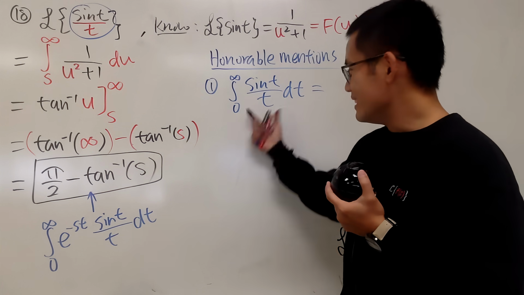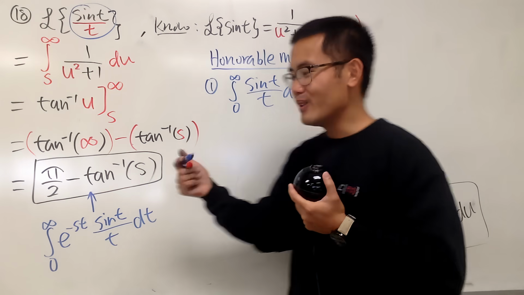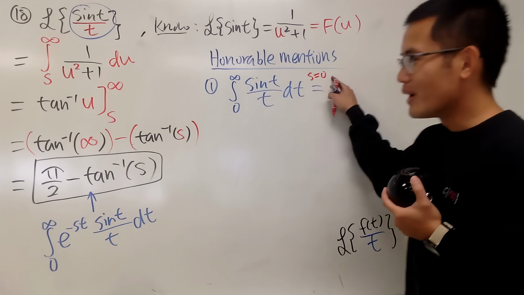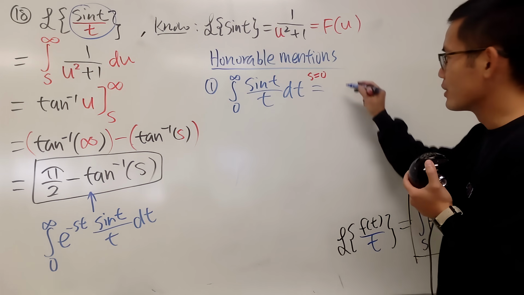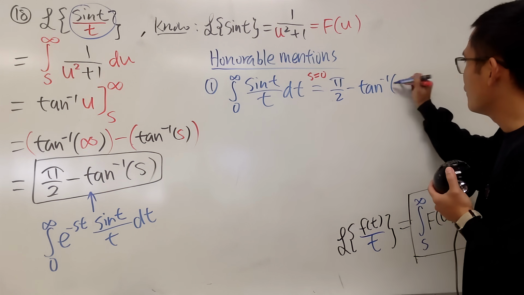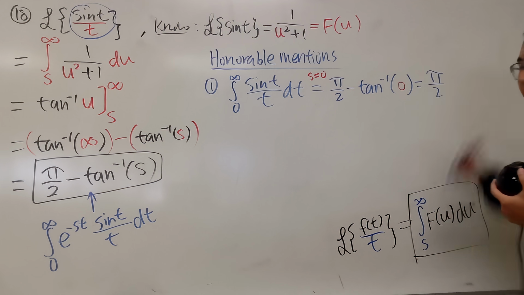Well, this, compared with that, is the case when s is equal to 0. So all I have to do is tell you guys s is equal to 0, and then put 0 into here and then work that out. So this right here is going to give you pi over 2 minus inverse tangent of 0, and that's 0.